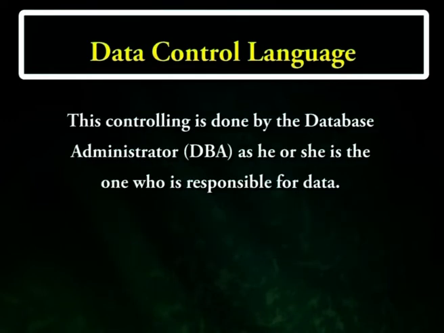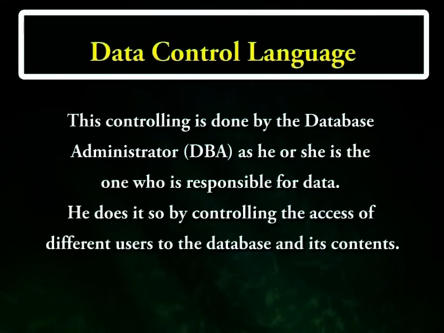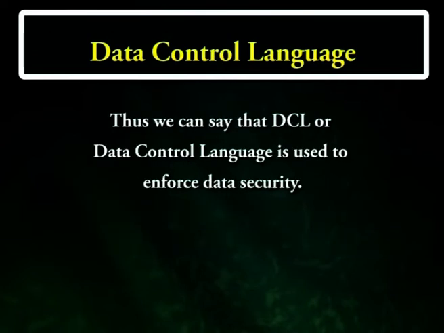This controlling is done by the database administrator, as he or she is the one who is responsible for the data. The DBA does so by controlling the access of different users to the database and its contents. Thus, we can say that DCL is used to enforce data security.